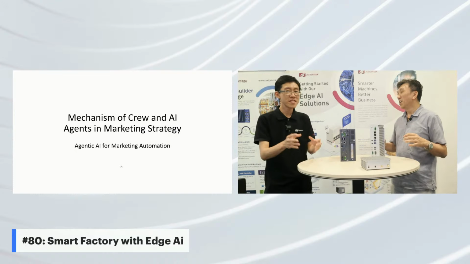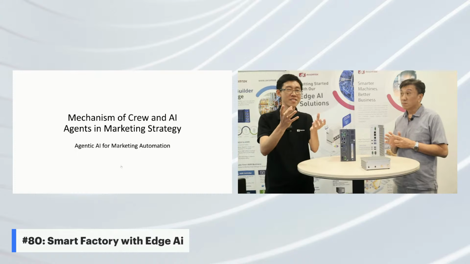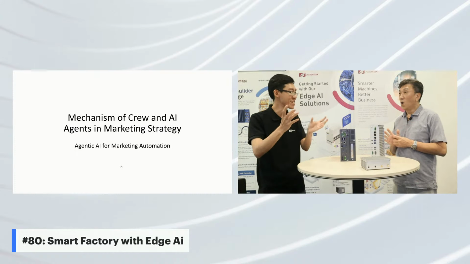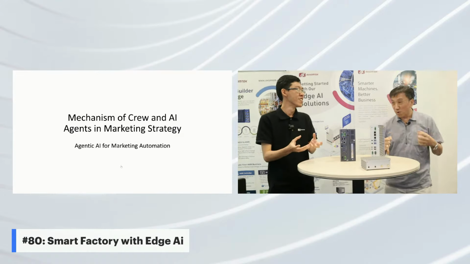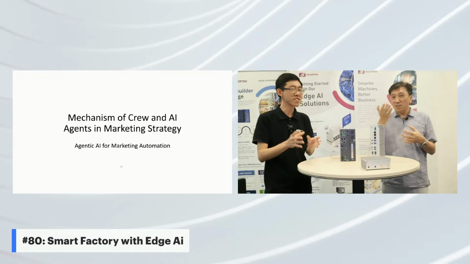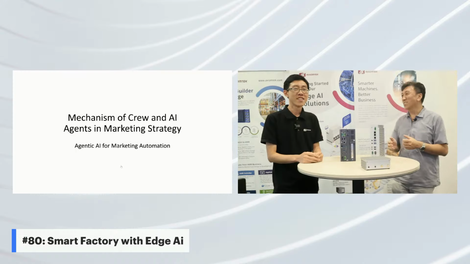But actually, this Crew is like the CEO, the main boss in the Agentic AI system. The Crew is the main boss in this whole Agentic AI environment. It is the one who controls everything. Interesting. Let's hear what Kenneth is going to share.